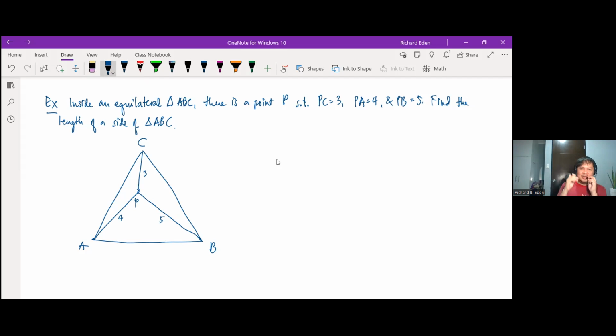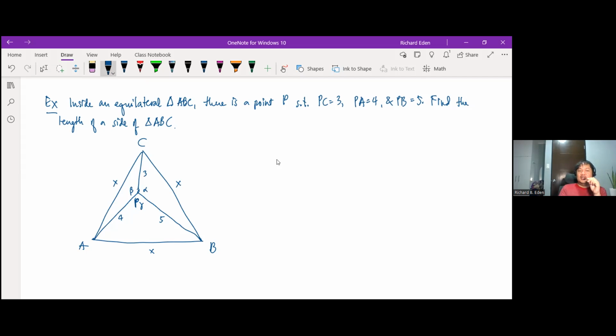So this is 3, 4, 5, and this is X, this is X, this is X. But how do we even begin to figure out X? One might consider letting these angles be alpha, beta, gamma. All we know about alpha, beta, gamma is that they add up to 360 degrees. And then maybe you could set up 3 equations using the law of cosines.